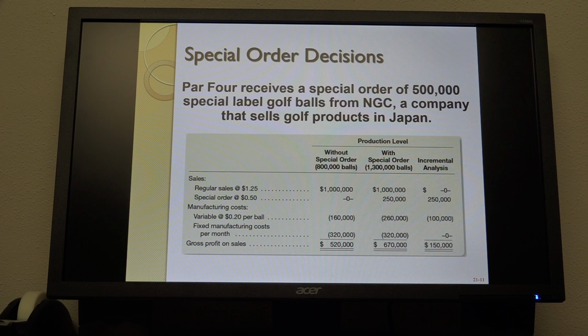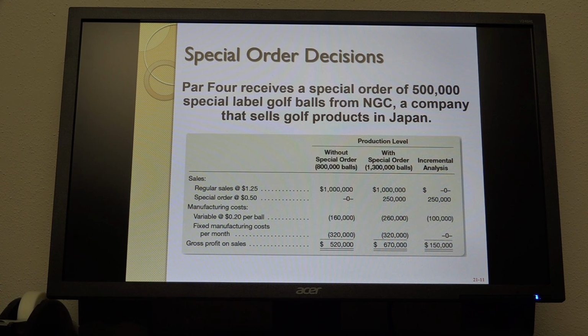Now, with the special order, they would produce 500,000 more, or 1,300,000 balls. That doesn't change the regular sales number, but if they sell those balls at 50 cents per, that's the offer, they're going to make an additional $250,000 in revenue.